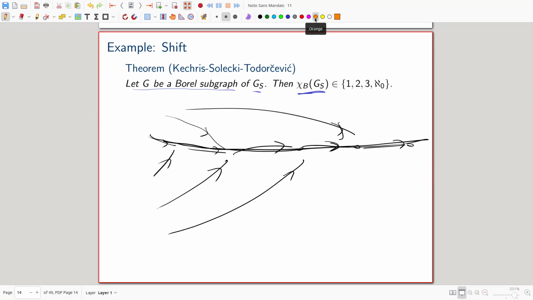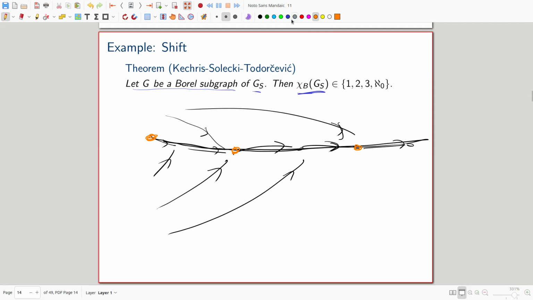I just pick the color which appears infinitely often, the minimal one according to some ordering. So it looks something like this. Then I look at this orange color, and I decide that this is my favorite on this connected component.